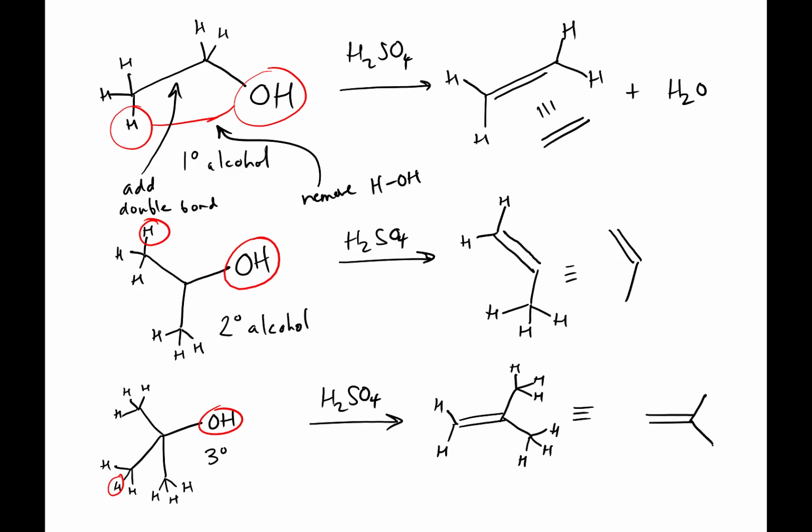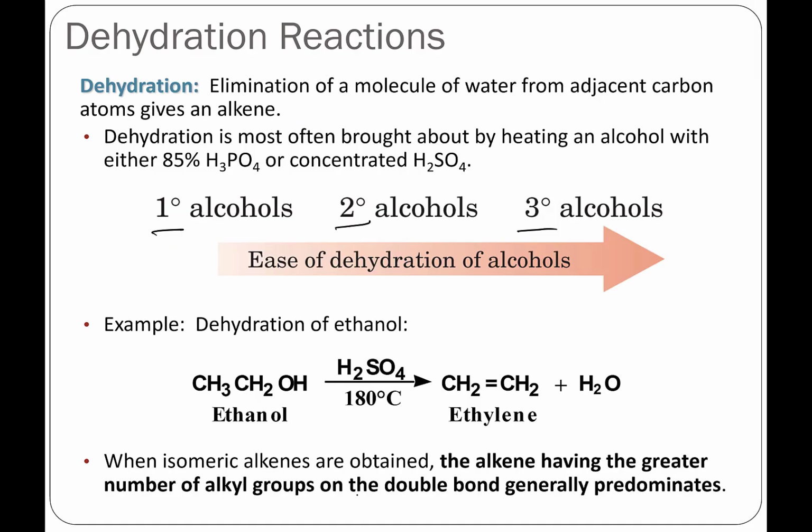Now, the reason we're looking at primary versus secondary versus tertiary, and again, I'm going to go back to this slide because there's a statement here. What that figure is telling us is that it's easier to dehydrate tertiary alcohols than secondary alcohols, than primary alcohols. So what do we mean by the ease of dehydration?